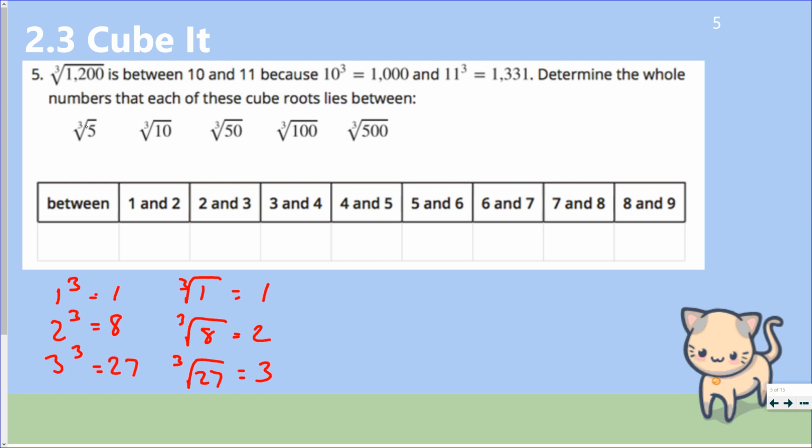So the cube root of 5 is going to be between 1 and 2. The cube root of 10 is going to be between 2 and 3, definitely closer to 2, so just a little bit higher than 2. Let's keep going. 4 to the third is equal to 64, so the cube root of 50 must be between 3 and 4.